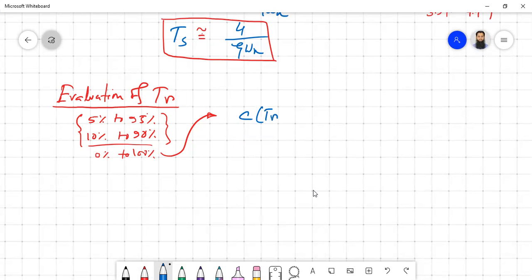The final value is what we are trying to figure out here. Ideally it should be 90% or 95%, but we're taking 100% or the maximum value, and asking how much time it takes to reach it.